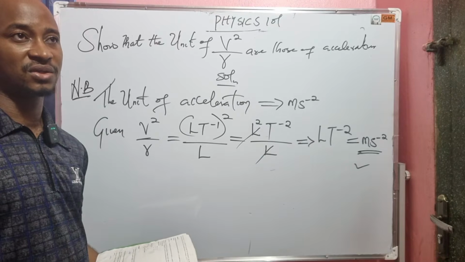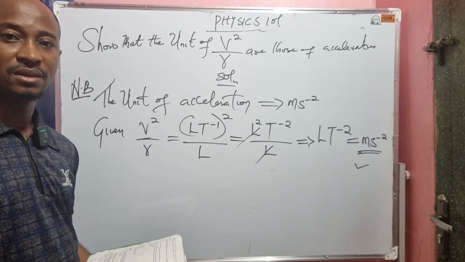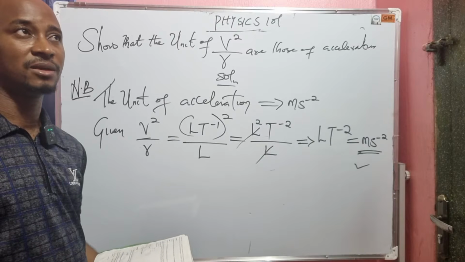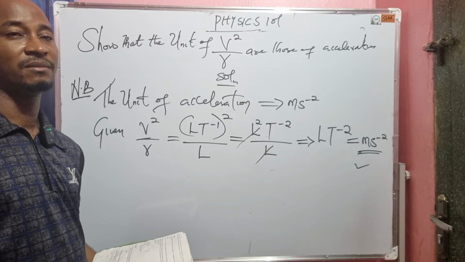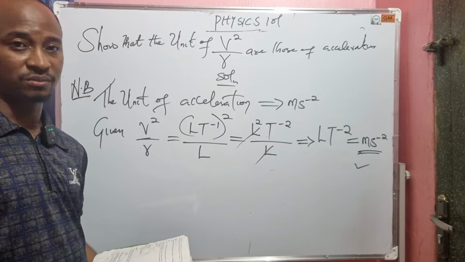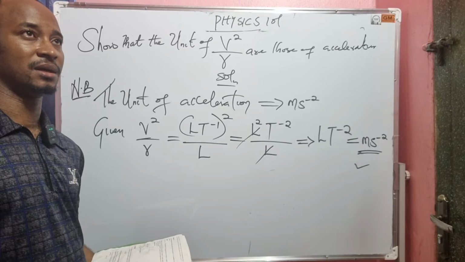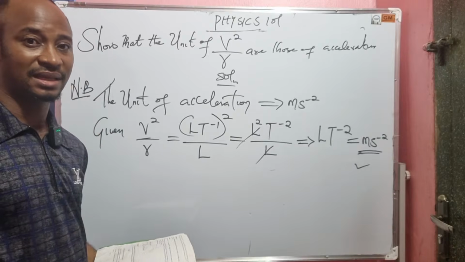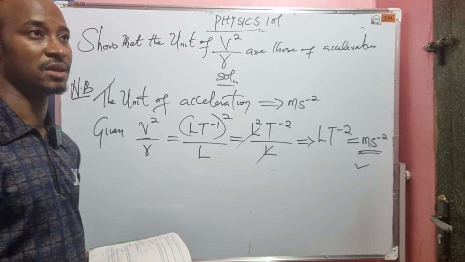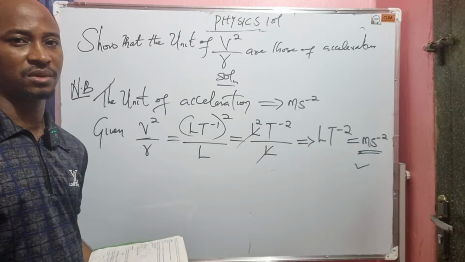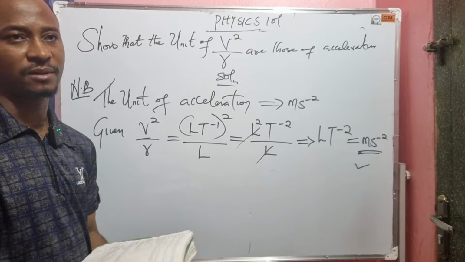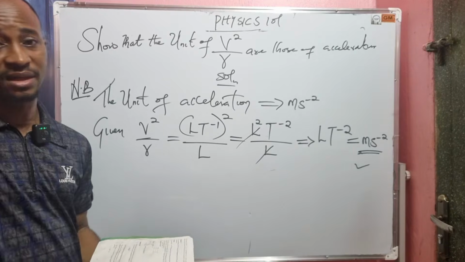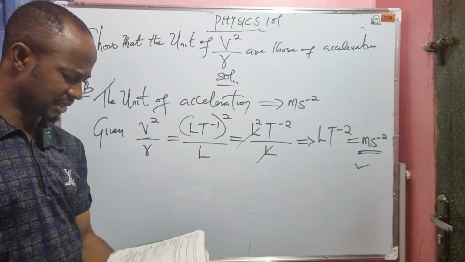Unit of acceleration, meter per second squared. Unit of density, which is kilogram per meter cube, right? Unit of volume. Volume is derived because volume is length times length times length, which is meter cube. Area is also derived. Pressure is also derived. This is just how to answer this.